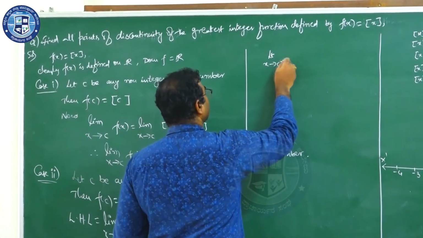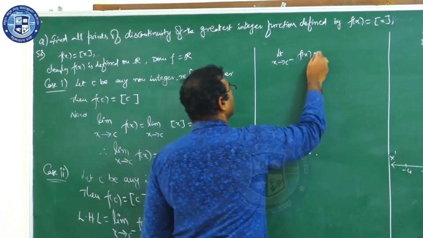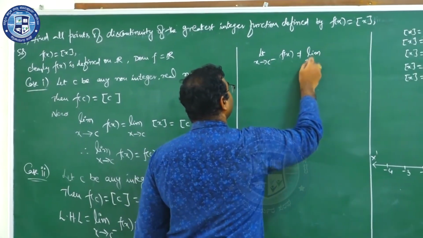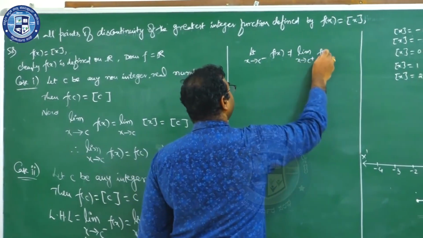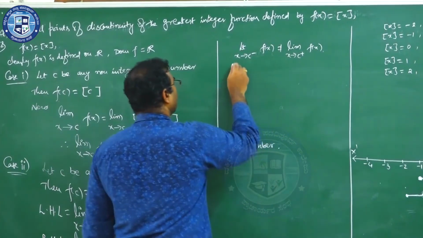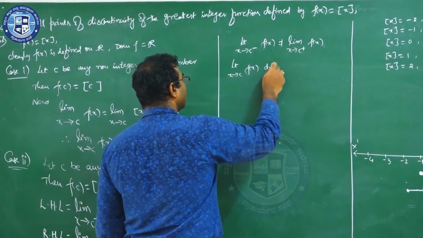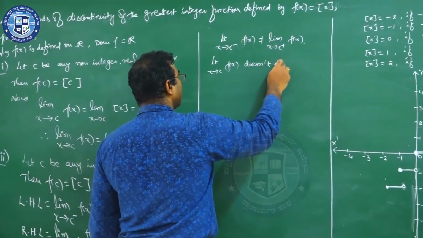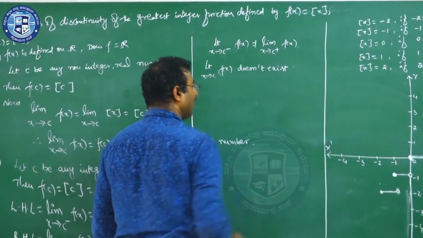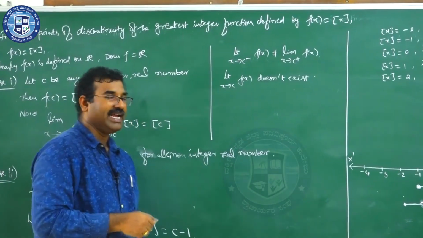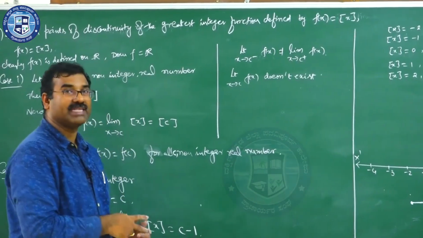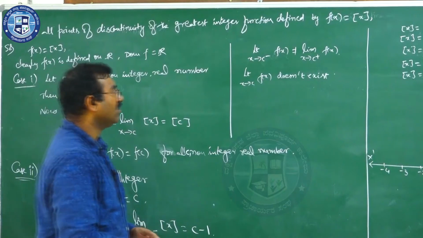Limit as x tends to C minus of f(x) is not the same as limit as x tends to C plus of f(x). So the limit as x tends to C of f(x) does not exist. The limit at an integer does not exist. So what do we conclude now?